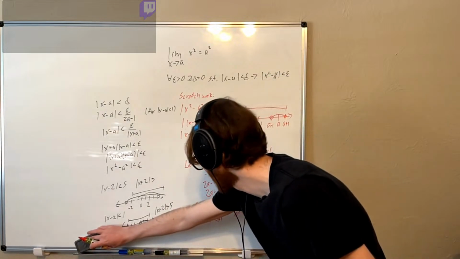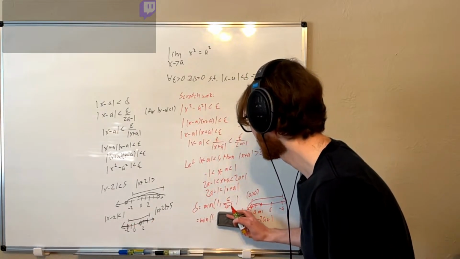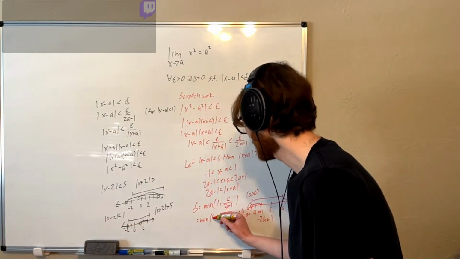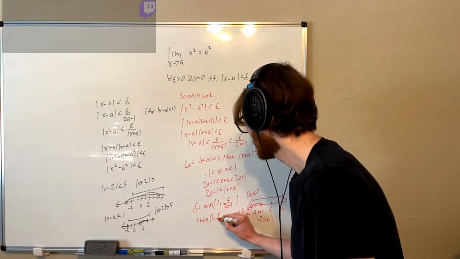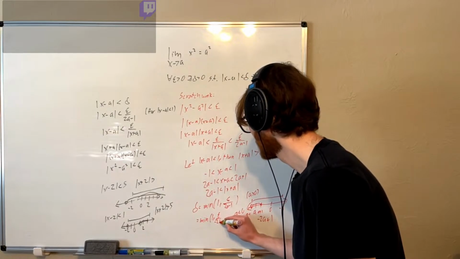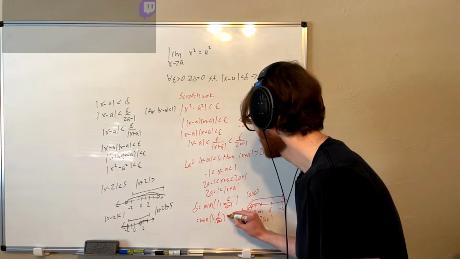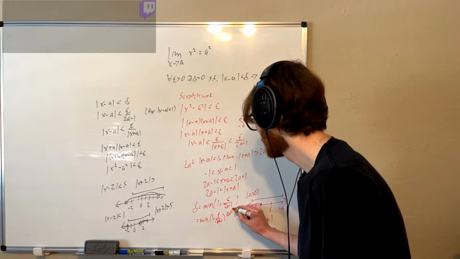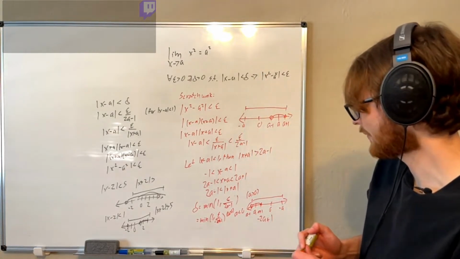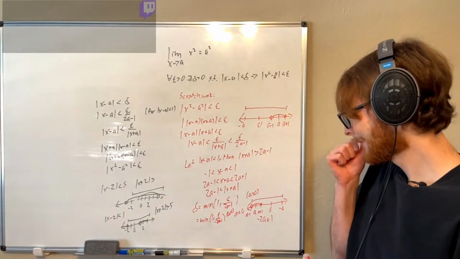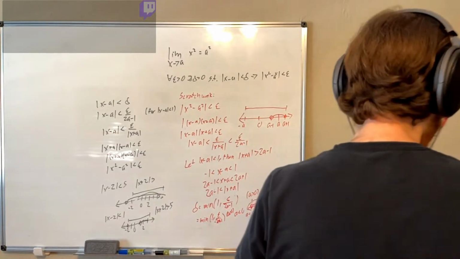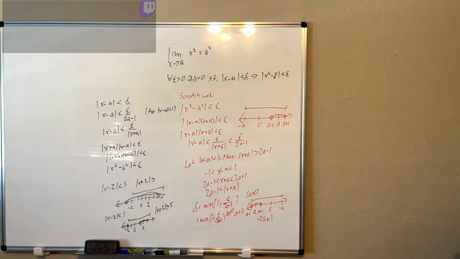Minus 2a plus 1 if it's less than 0? Maybe there's a more elegant way to do it, but could we say that? X could be equal to negative 2, and then x plus 2 equals 0.